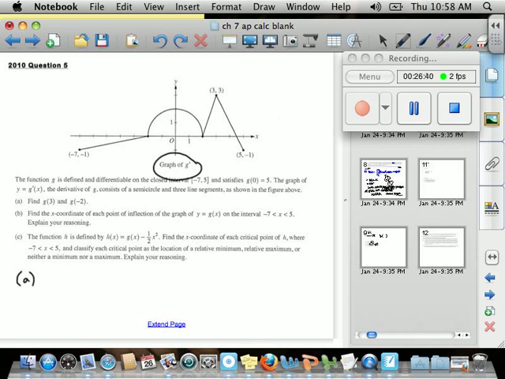All right, g of 3. Now, if I was given that g of 0 equals 5, and that's going to be important. That's kind of like an initial condition.